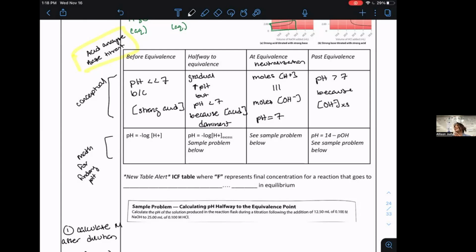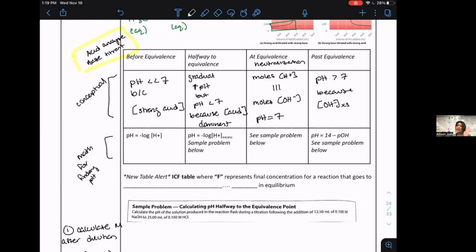And you would do an excess problem, okay? Just from the OH perspective. So it's a similar process, just now you're trying to figure out, okay, how many moles of extra base I add, determine the pOH and use the relationship between pOH and pH to find the overall pH of the solution, that would obviously be significantly greater than 7. These are the most straightforward of them.